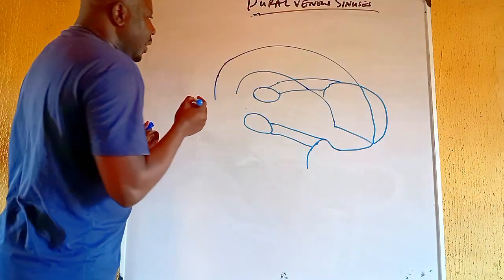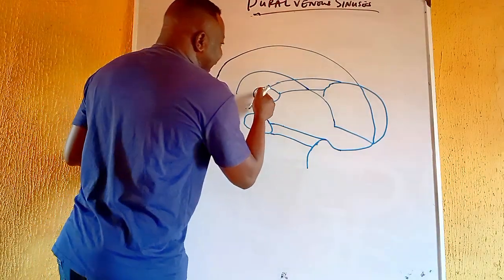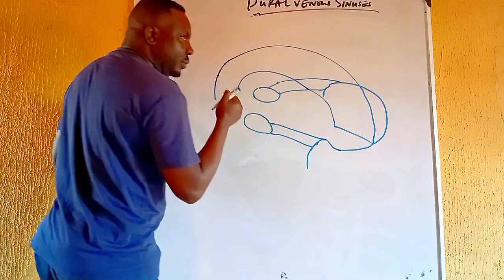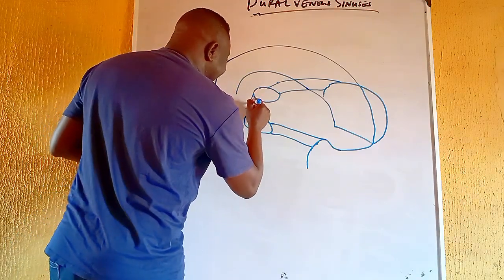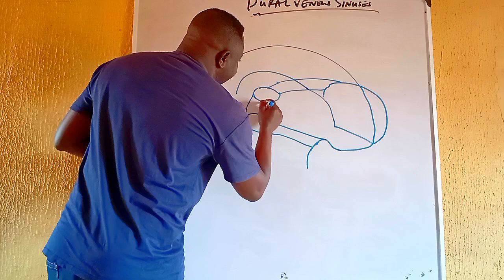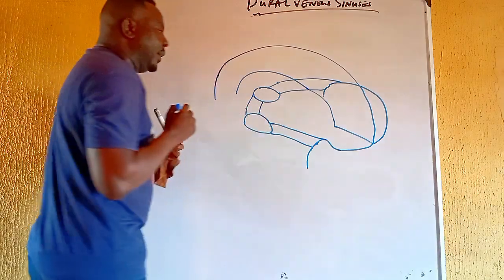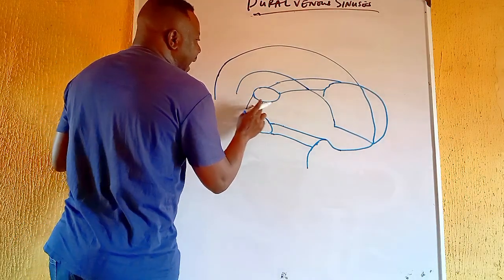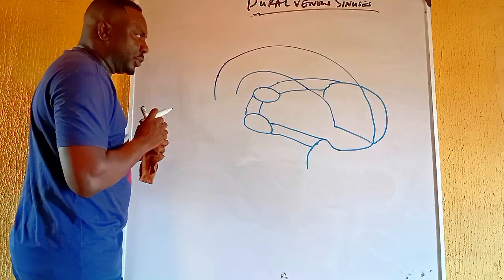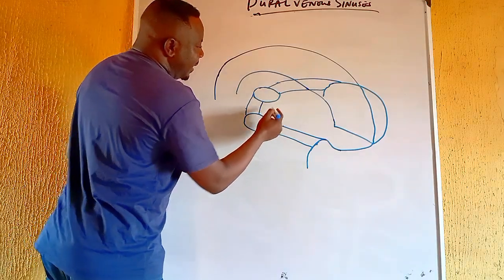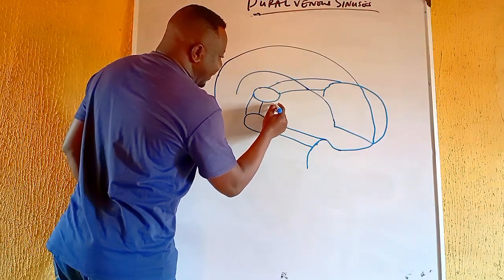Now, there is another sinus that connects the two cavernous sinuses, known as the anterior and the posterior intercavernous sinus. We have another one here that is referred to as the basilar plexus.